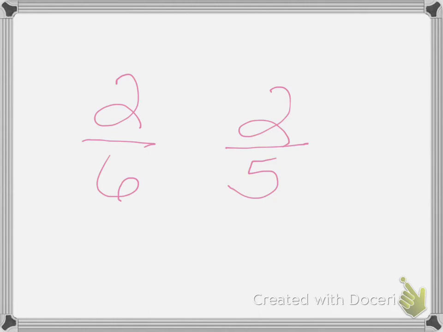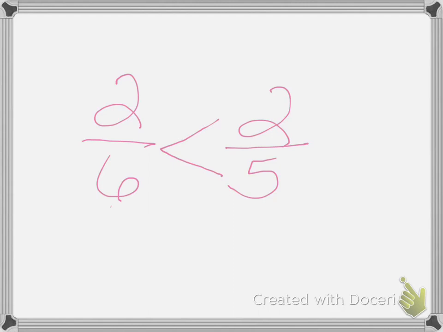You should have known that your numerators are the same. So this is when we have to look at the denominators. In this case, the bigger denominator is going to be the smaller piece, right? A denominator of 6 means smaller pieces than a denominator of 5. So 2/6 is less than 2/5.